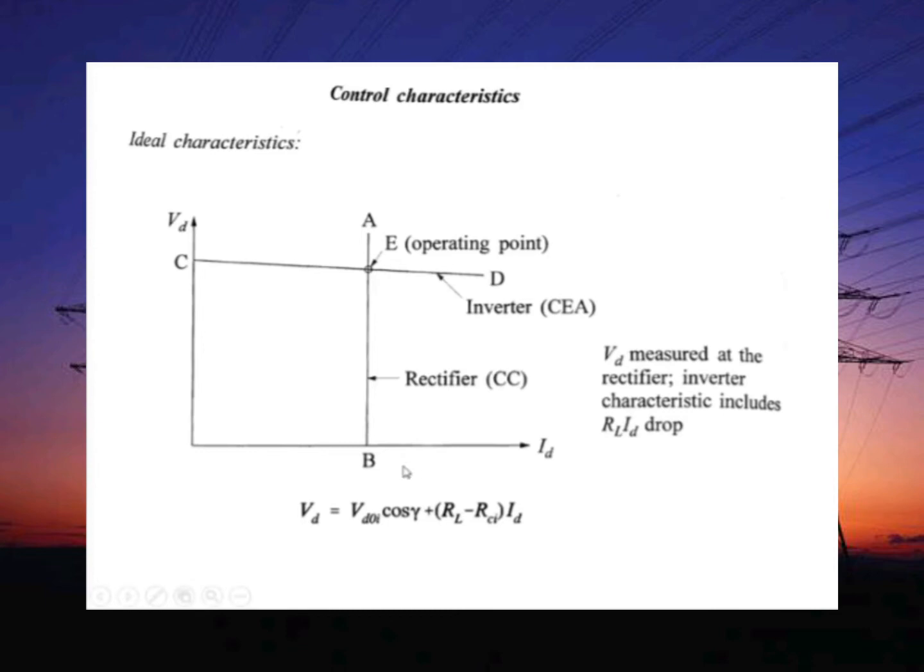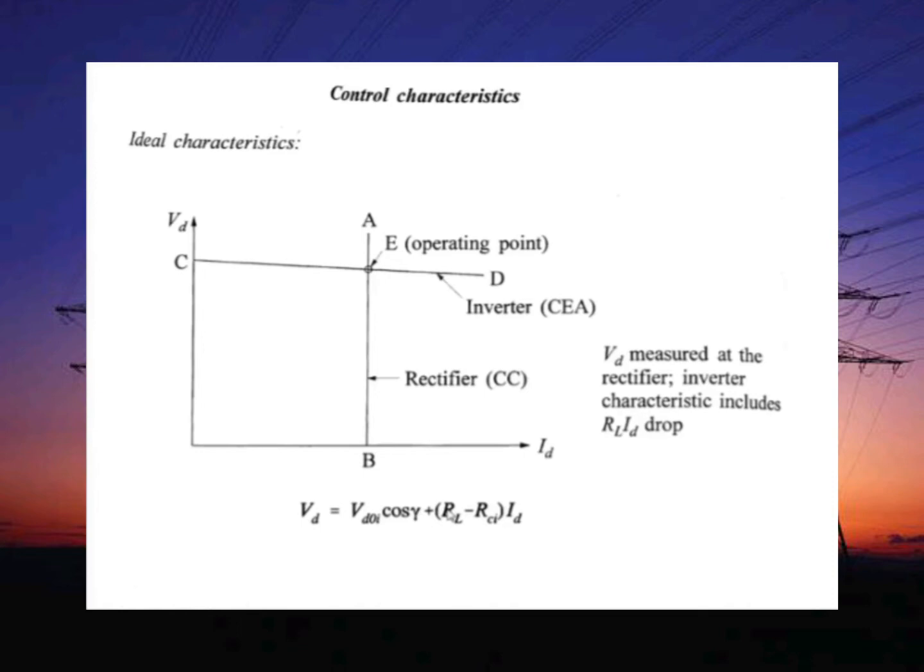So you can calculate the inverter voltage VD equal to VDI cos gamma plus (RL minus RCI) into ID. Here we consider the voltage drop across the DC line, which is RL ID.